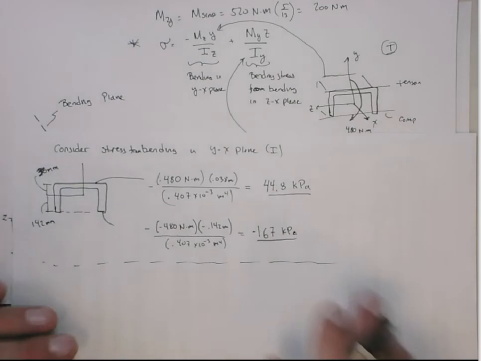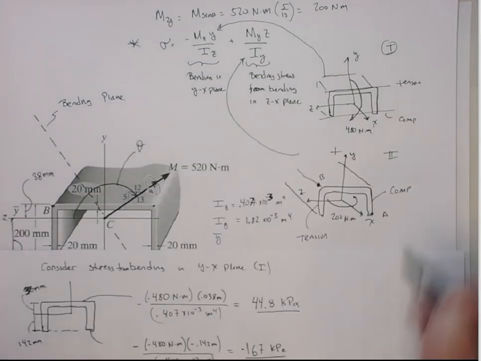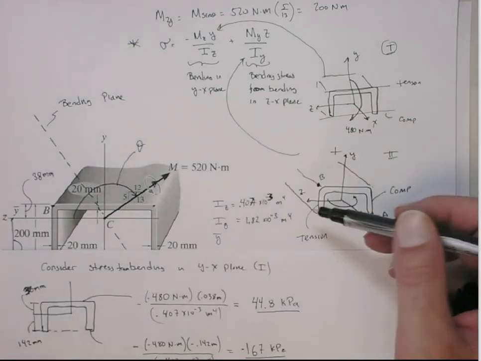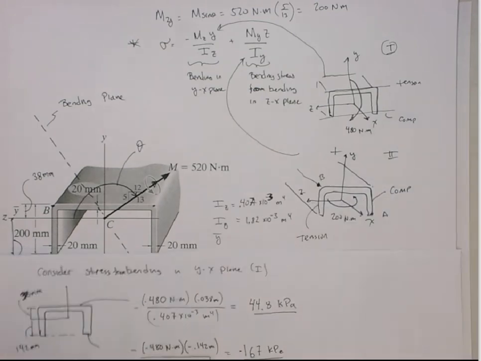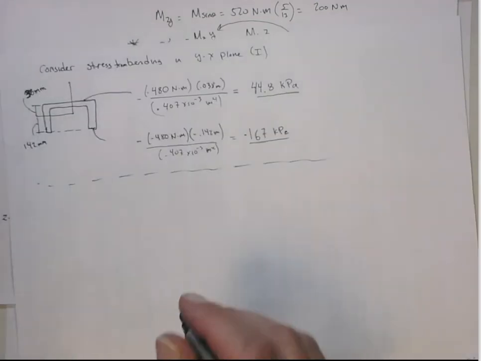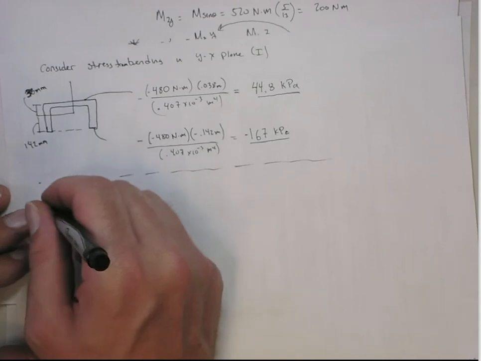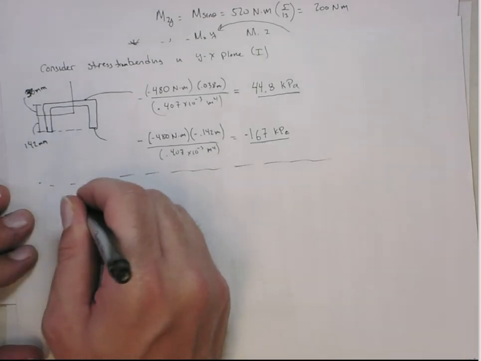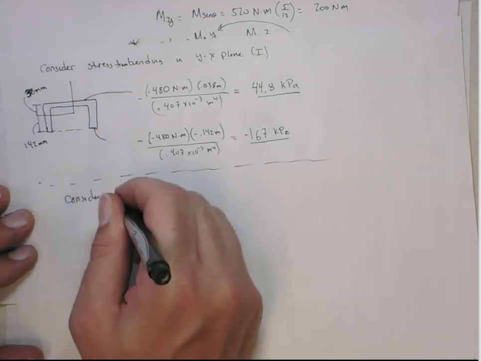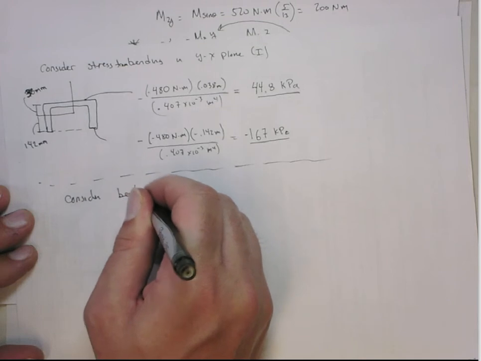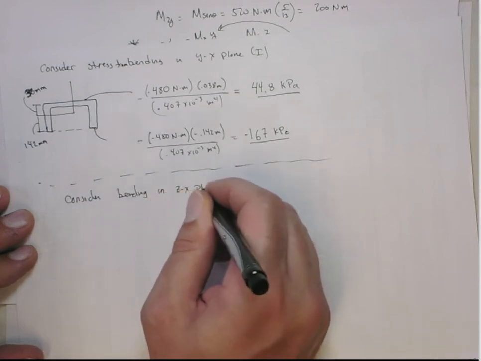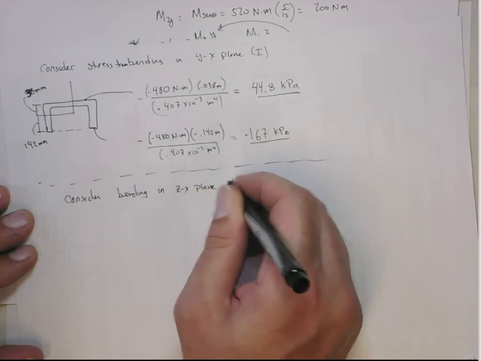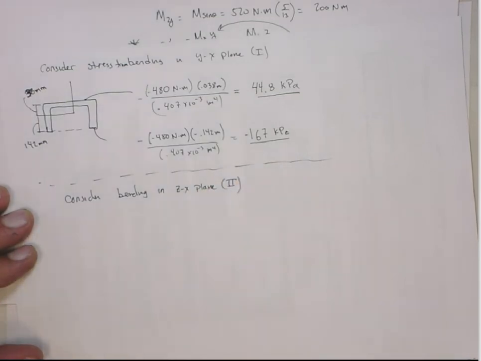All right. Now let's look at case 2. Now we're going to consider the bending around the y-axis, or this is the bending in the zx plane. So this is the sort of case 2 that I drew previously.